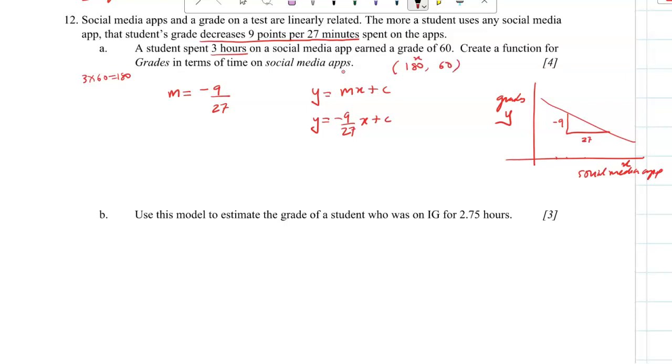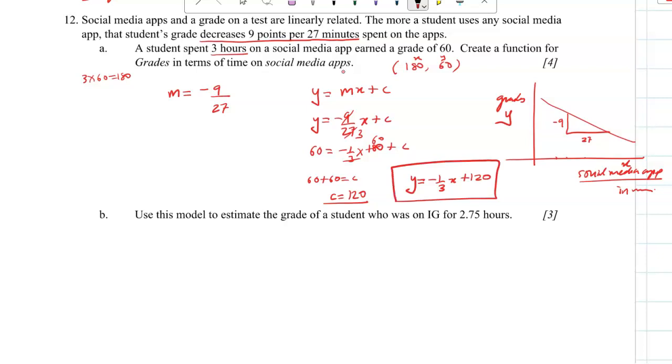This is your x, the time in minutes, and this is the marks, y. So 60 is equal to minus 1/3 times 180, plus c. 60 plus 60 is equal to c, so c is equal to 120. So y is equal to minus 1/3 x plus 120.